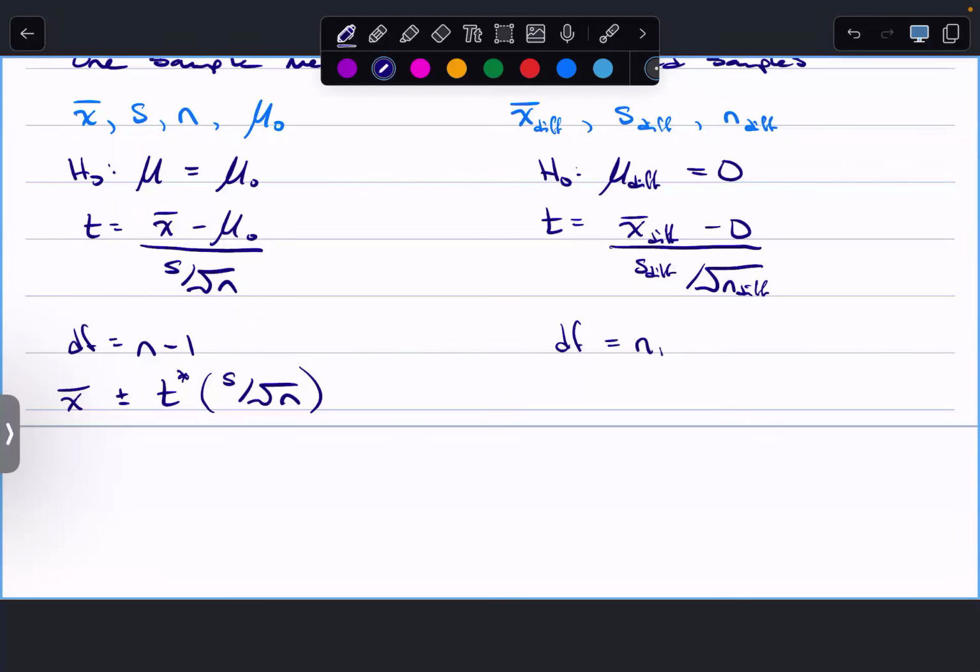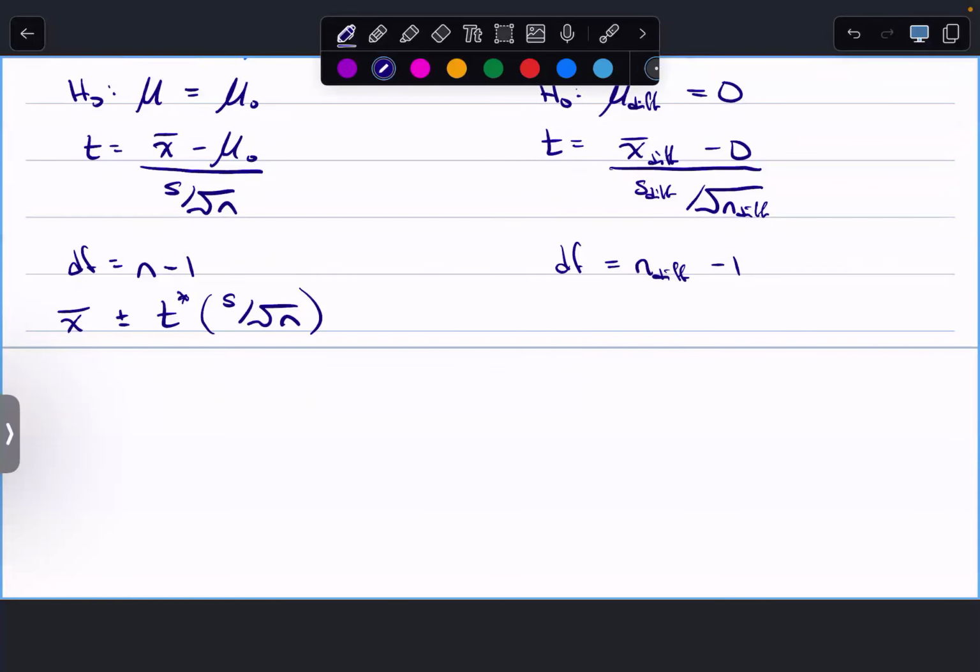Your degrees of freedom is n diff minus 1. And then your confidence interval, x bar diff plus minus t star at n diff minus 1 degrees of freedom times s diff over the root of n diff.